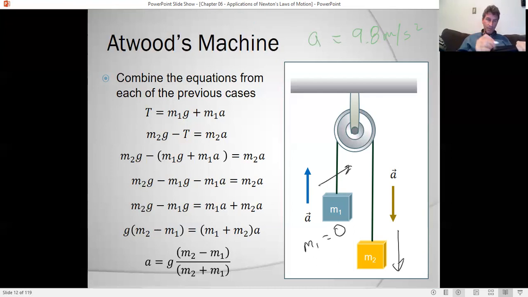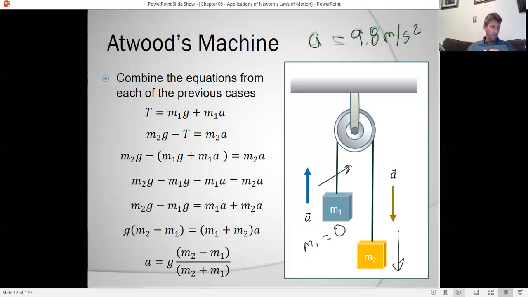If you ever do an Atwood machine, or generally a problem where you have the acceleration of gravity powering the whole thing, and you get an acceleration faster than 9.8, you did something wrong. Here's one place that a lot of people make a mistake. Sometimes they'll mix up the signs.